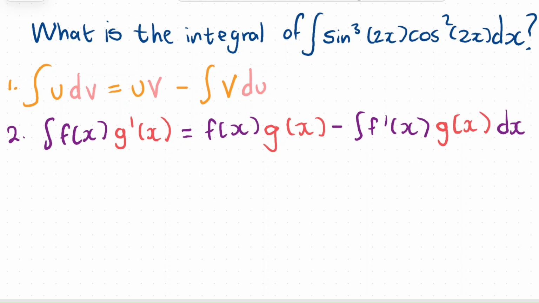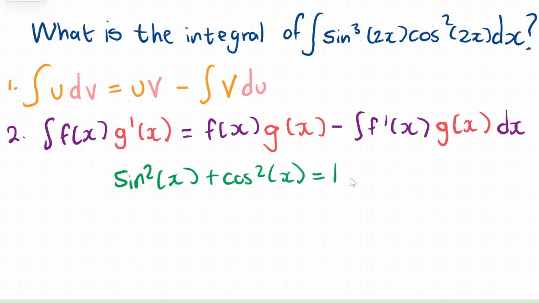One of the first things that we need to note is this identity: sine squared of x plus cos squared of x is equal to 1. The reason why this is important is because we can see sine cubed of x and sine squared of x.